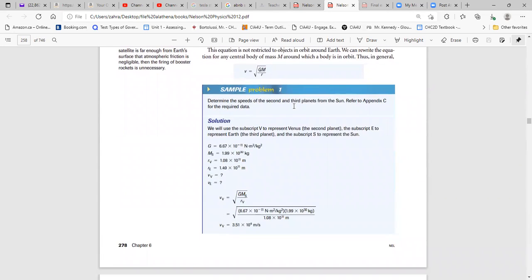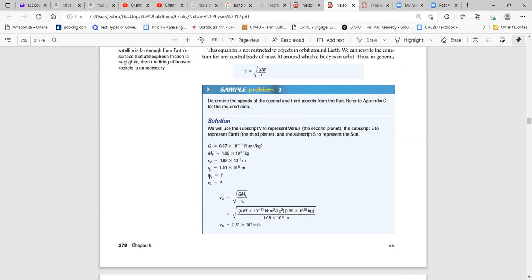Here, determine the speed of the second and the third planet from the sun, after looking for the required data. So we just know the mass of the sun is 1.99 times 10 to the power 30. We know the R, the distance between the planet and the sun, is 1.08 times 10 to the power 11.